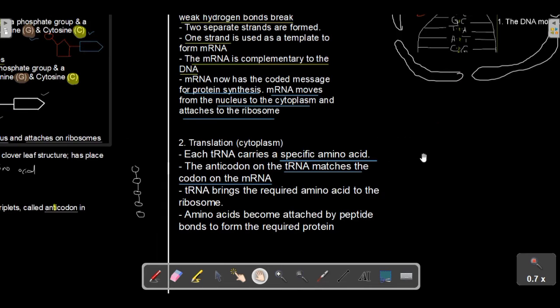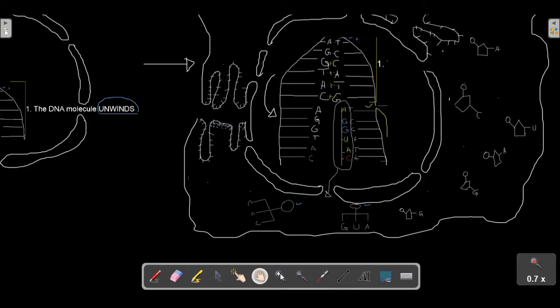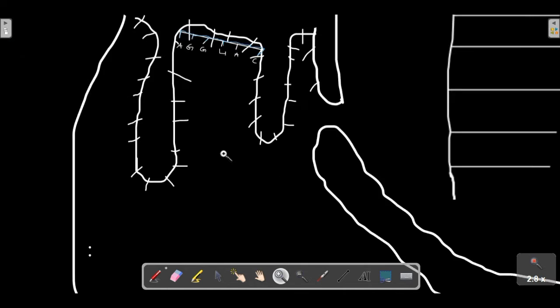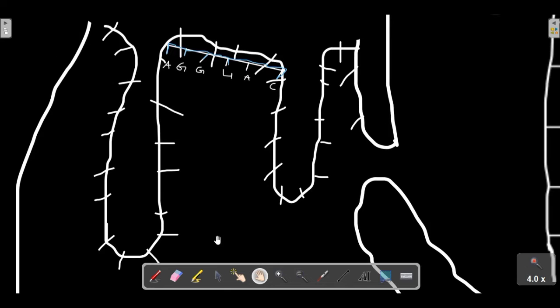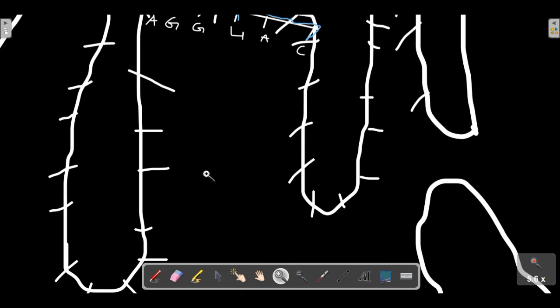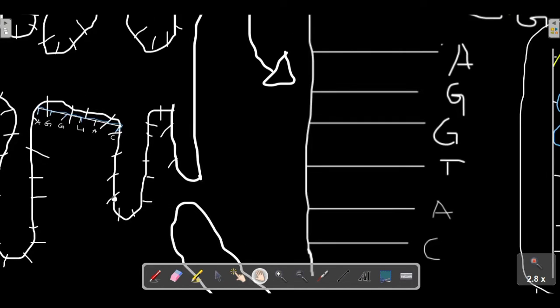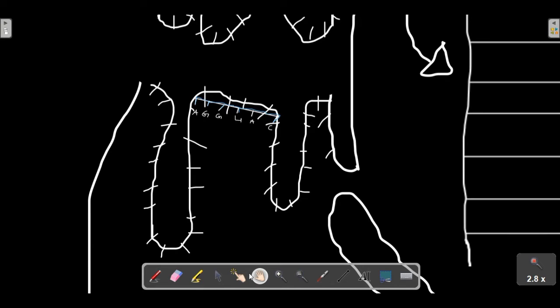Now let's look at this on this diagram. We have this group. I'd rather use colors, guys.